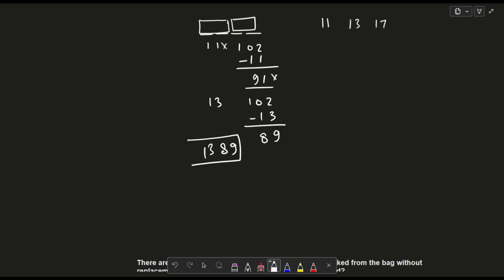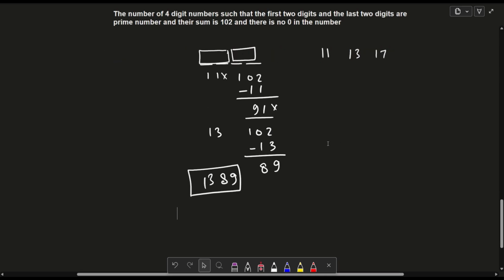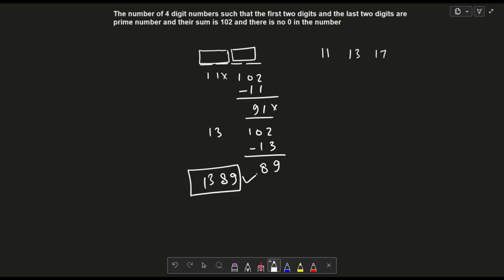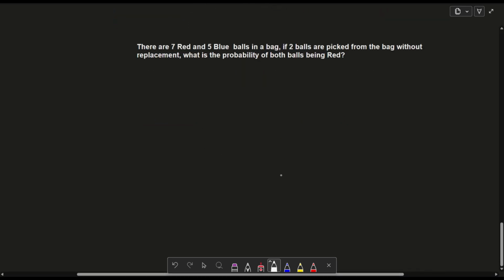So this is the first number which follows this condition, right? So there will be other pairs like this. Okay. So you can also calculate that, but that's not what you have to do. You just have to get the answer and move to the next question. So we will be moving to the next question, and this is the last question I will be covering here.